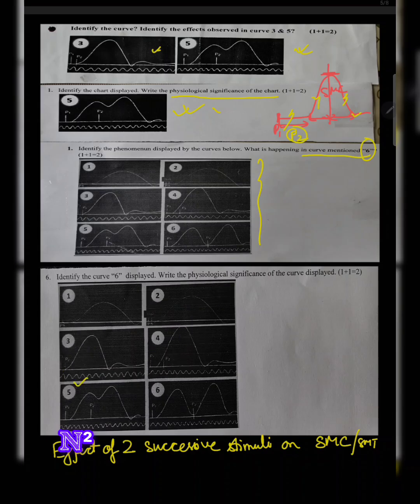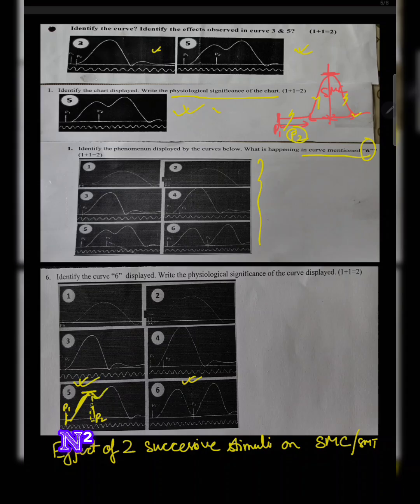Now curves 5 and 6 are kind of atypical curves. They do not look like a bell-shaped or sigmoid curve. If this is P1, it has crossed the latent period and the contraction period has completed. It is touching the peak. Now just when it is relaxing, when one third of the relaxation period is covered, the P2 stimulation, the second stimulation, comes.